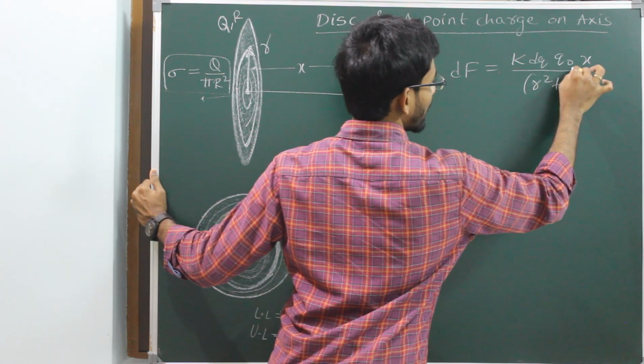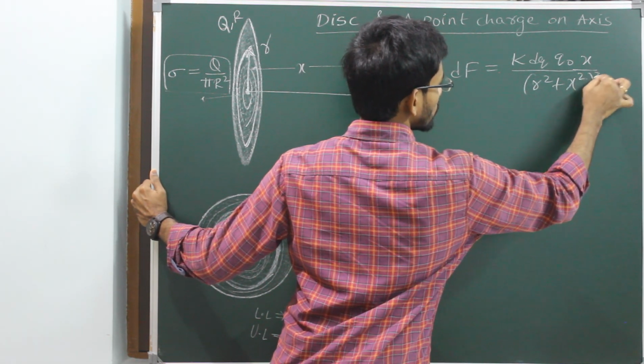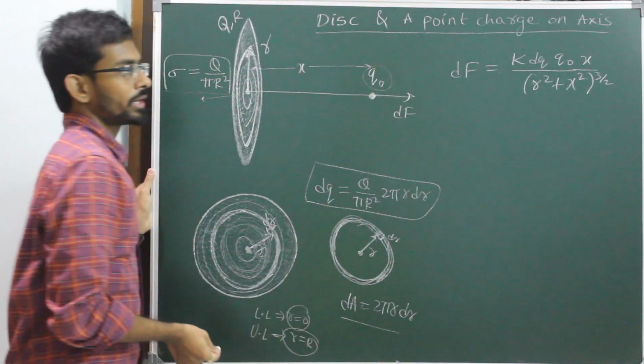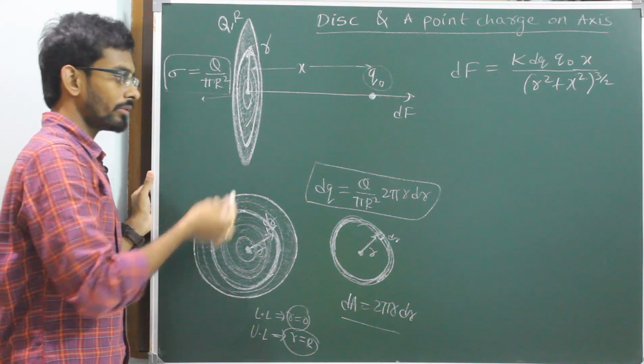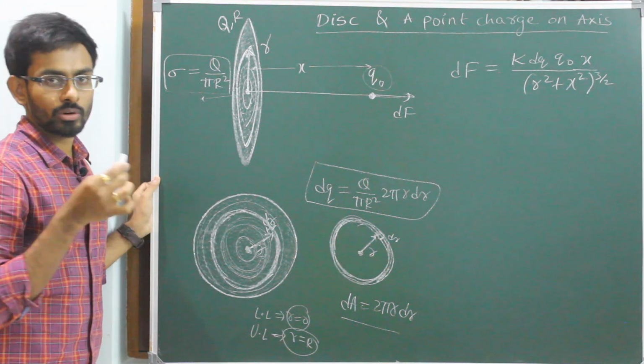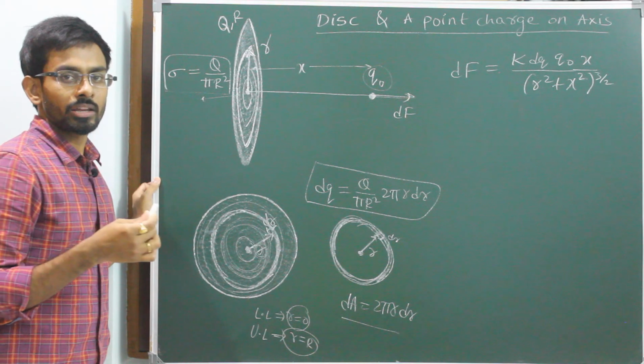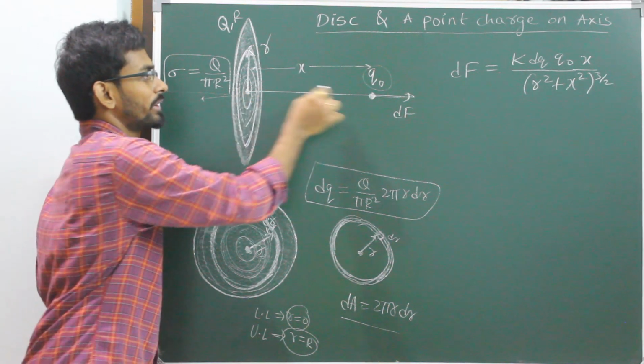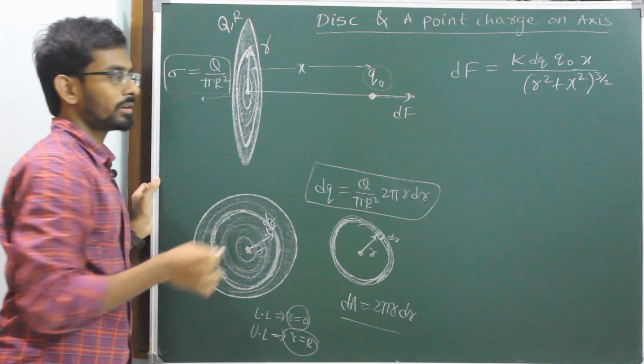This is the expression we got in the previous question. So now let us substitute the values. This is the fourth step. We have found the charge, and the fourth step is finding the force between the element and the point charge.